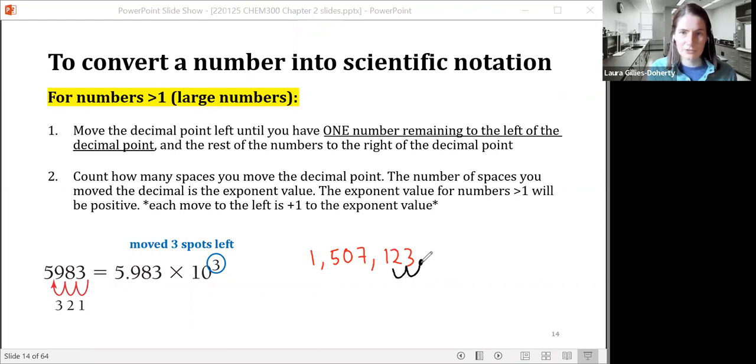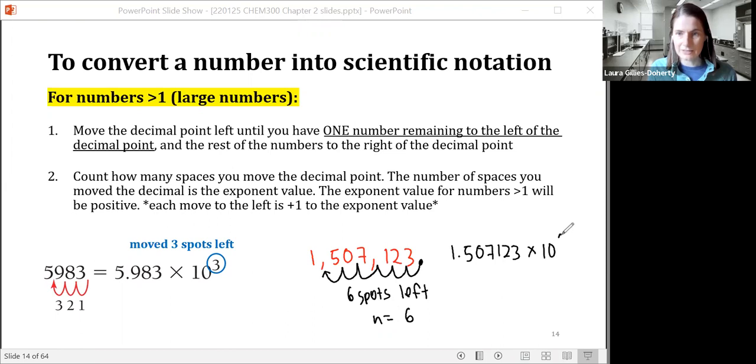So 1, 2, 3, 4, 5, 6. I had to move it 6 spots left, so my n equals 6. So my number would be 1.507123 times 10 to the 6.